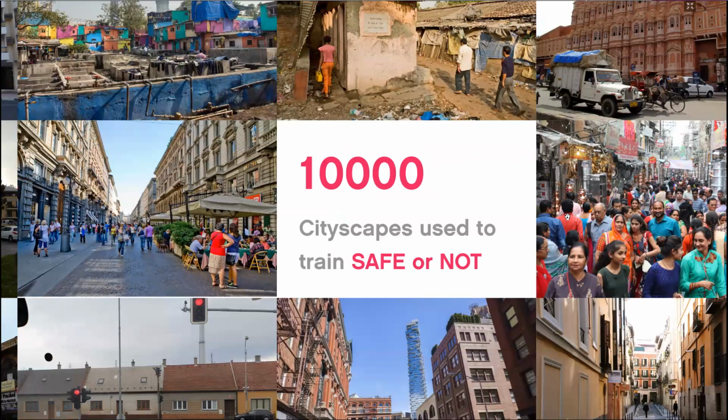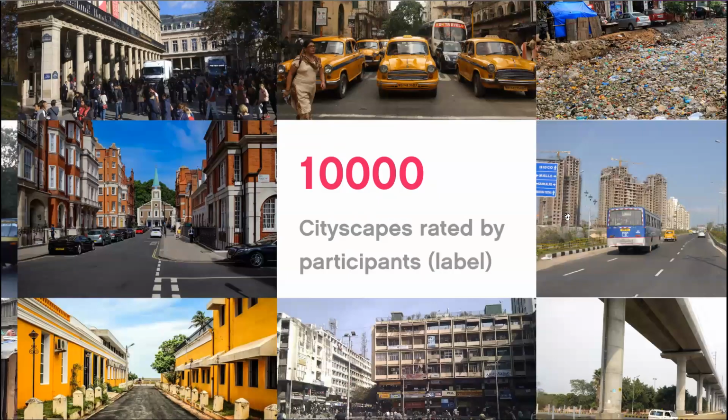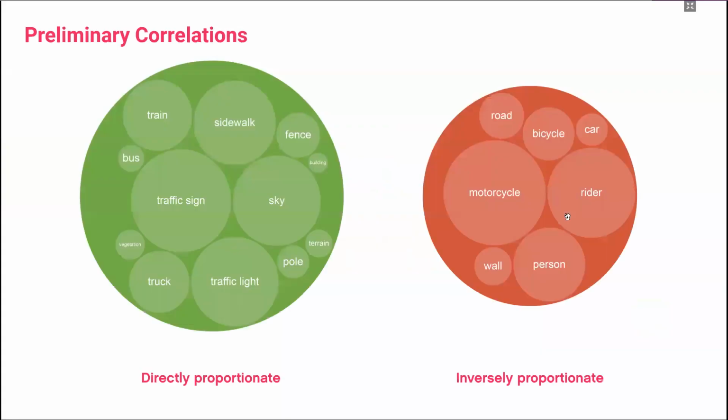Right, so to end, we have developed SAFERNAUT, which predicts the safety of cityscapes. We used 10,000 images, and we got them rated by men and women. We are right now working hands-on with the transgender community, because of course they also need to be represented in this conversation.